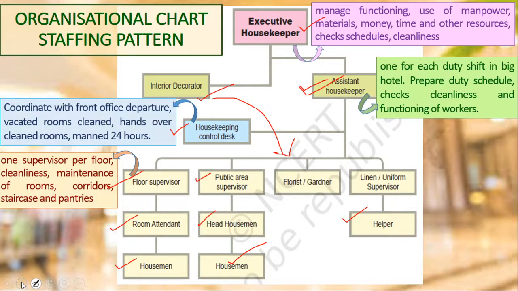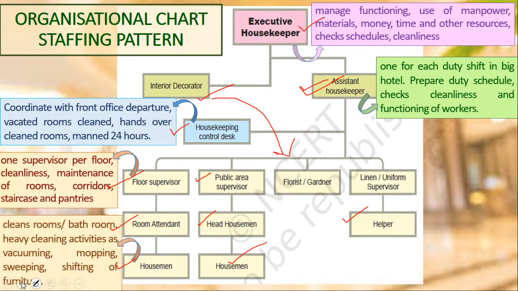The floor supervisor supervises per floor cleanliness, the rooms on that particular floor, the corridors, staircase, and the pantries. The houseman actually cleans the rooms, bathrooms, and heavy cleaning activities are involved. It includes vacuum cleaning, mopping, sweeping, shifting of the furniture, cleaning of the furniture as per the material of the furniture.